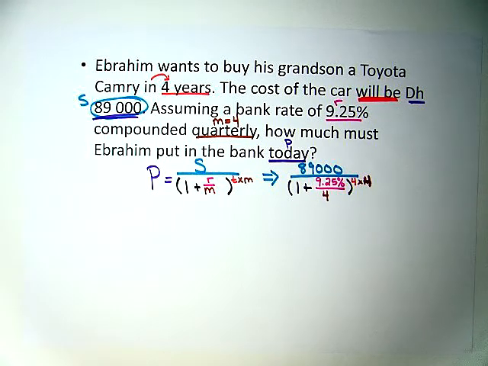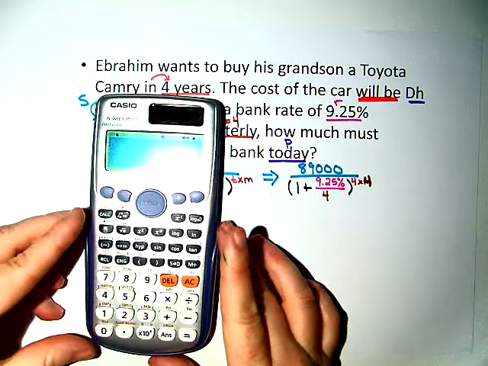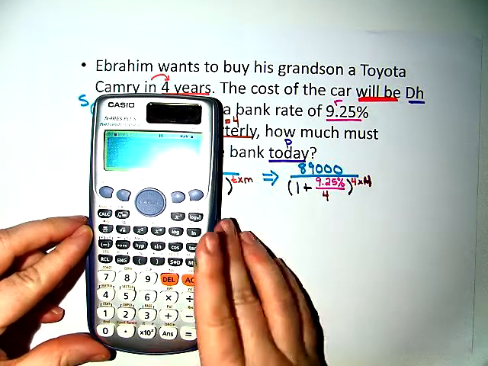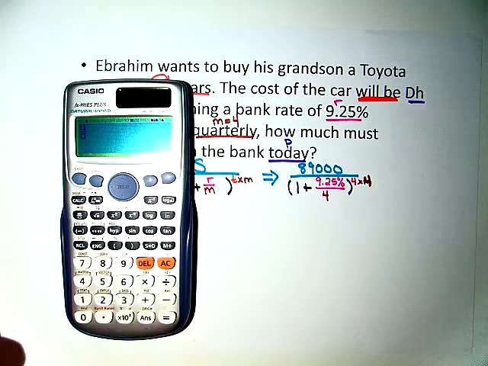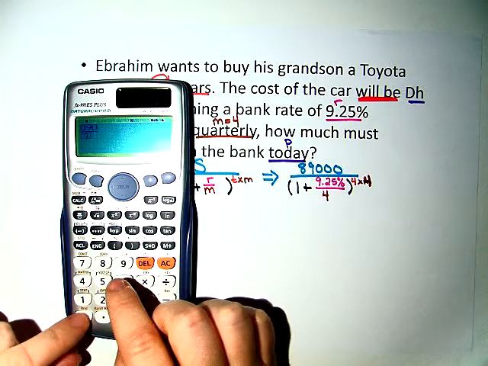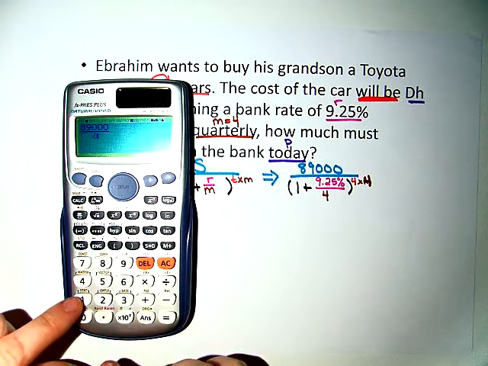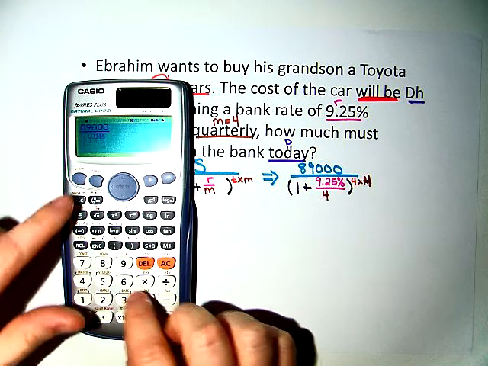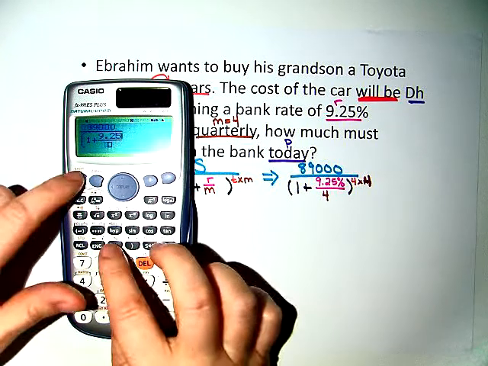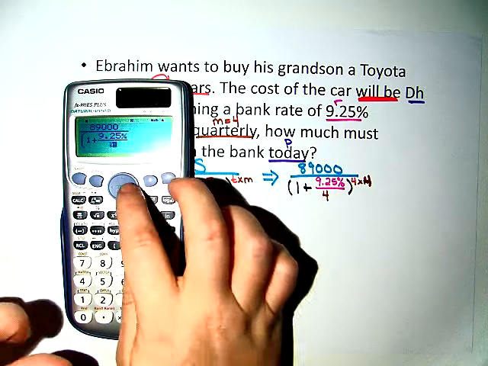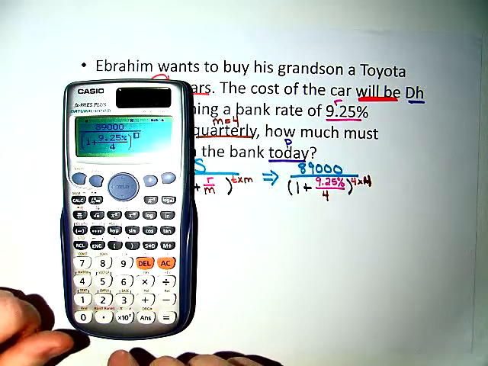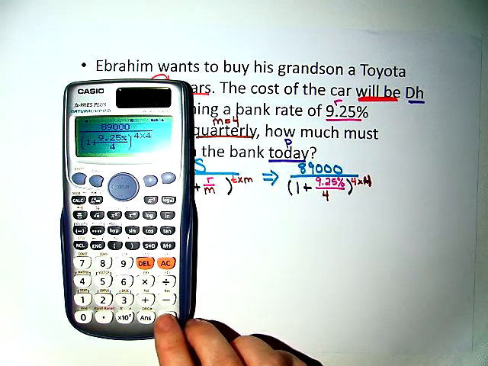So let's get out our calculator, and we're looking at a fraction to begin with. 89,000 over, we're going to make it parentheses already, 1 plus 9.25% over 4 raised to the 4 times 4.